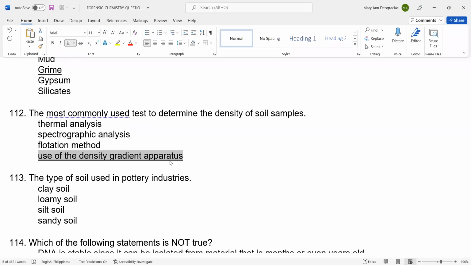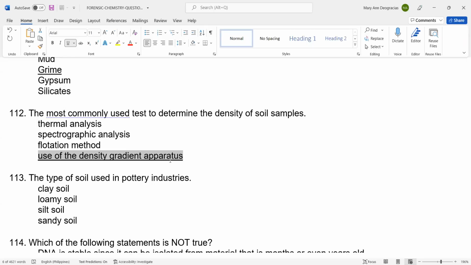Halimbawa, sa crime scene, makakuha ng soil sample. Tapos doon sa sapatos ng suspect, nakakuha ng soil sample. So this is submitted for comparative examination. Then one method of determining whether those two soil samples are identical is through the use of the density gradient apparatus. So density ang titingnan doon.